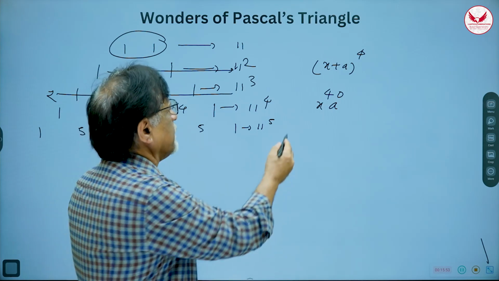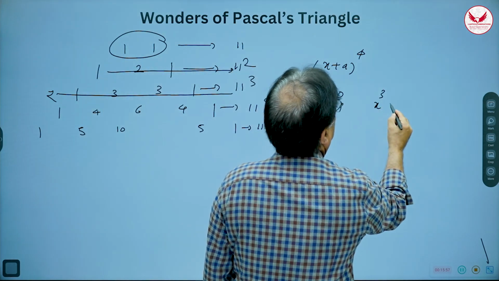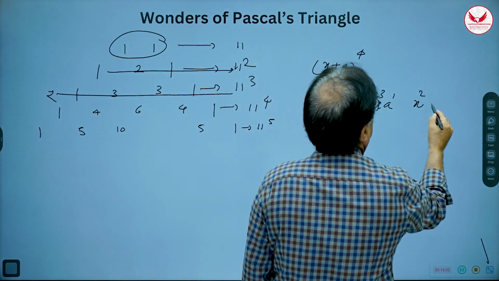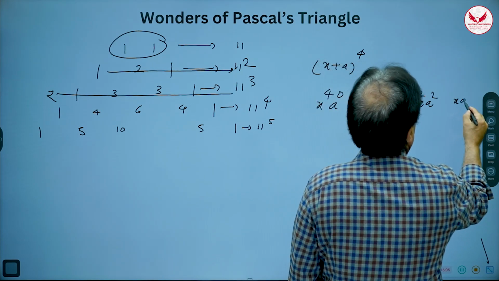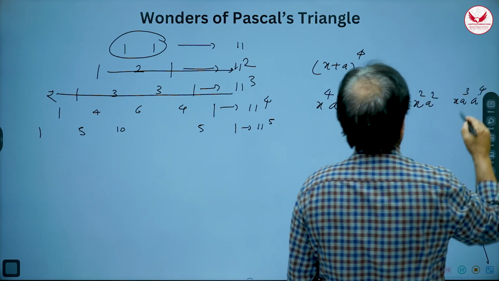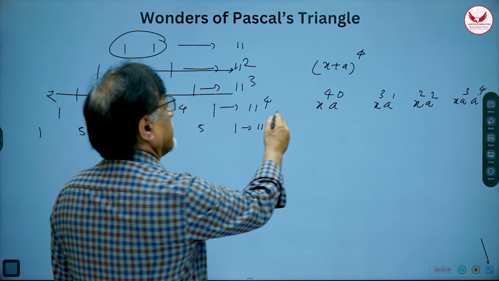All the time, this total has to be the same. The next is what? x cube and a raised to 1. Next term is x square into a square. Next term is x into a cube. Next term is a raised to 4. Correct? Now, these are the terms, but I have written them devoid of coefficients.